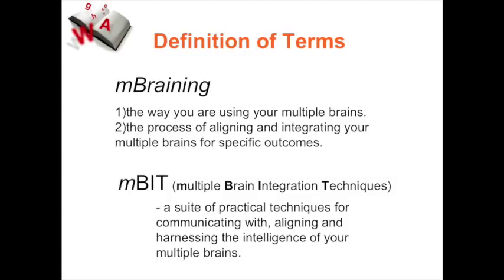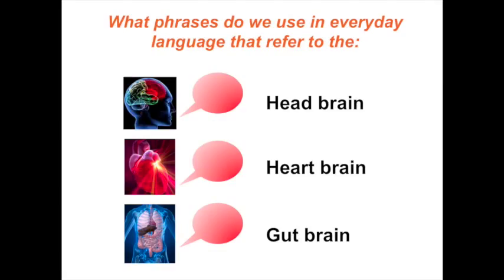The mBraining concept is just a way of talking about how you are currently doing that, how you're using your multiple brains as the process, your internal process involving these neural networks. So it's just a way of talking about it as a process. How are you mBraining at the moment? What's happening with the multiple brains as a process?